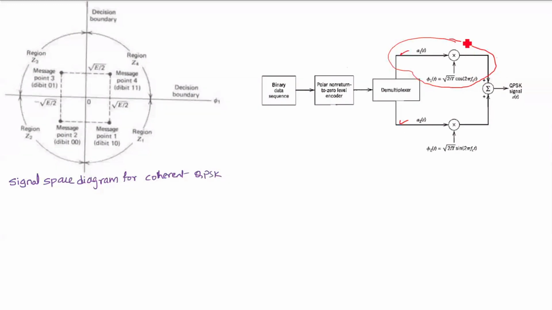So this part of the QPSK can be considered as a BPSK, and this other part as another BPSK system, right? Two BPSKs connected in this fashion to form QPSK. Do you agree?